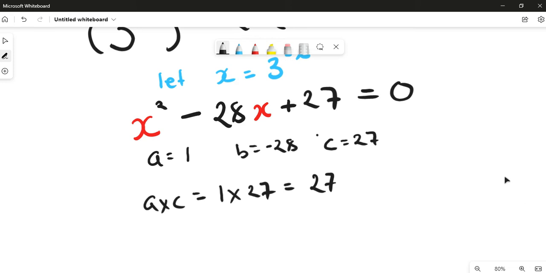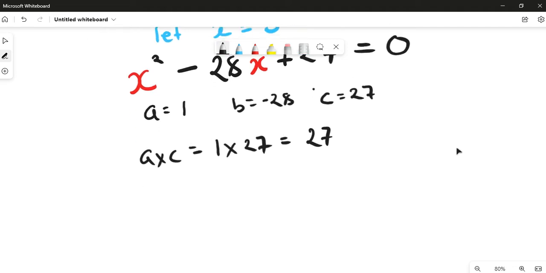Those two numbers are negative 1 and negative 27. Negative 1 times negative 27 gives us positive 27. Negative 1 plus negative 27 gives us negative 28.